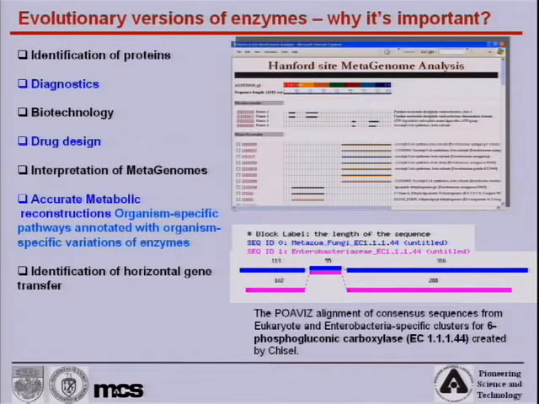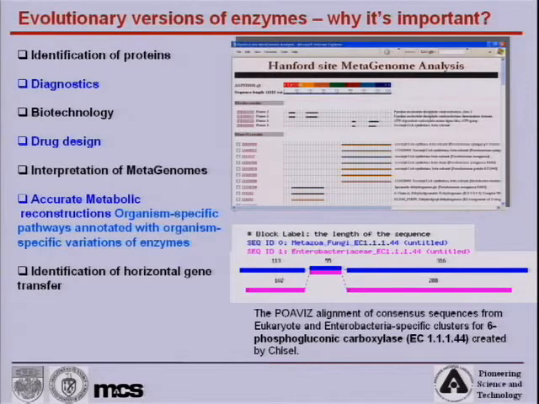In this case, if you have an array, a library of taxonomy-specific enzymes, oligonucleotides, you can use it for identification of the organisms in vitro. It will be interesting for biotechnology, because if you look at the thermostable variation of an enzyme versus a non-thermostable one, it will also be interesting for biotechnology.